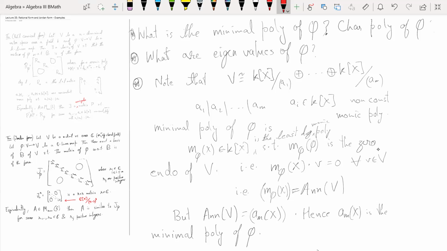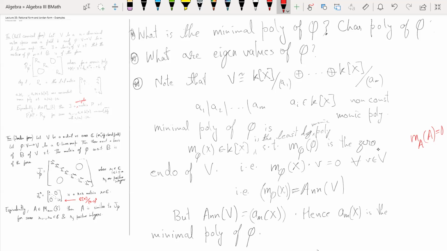It's the least degree monic polynomial, so in particular, it's non-constant. So you can't take the polynomial to be zero, such that if you plug in phi, then you get the zero endomorphism. So in other words, that is the characterization of the minimal polynomial.